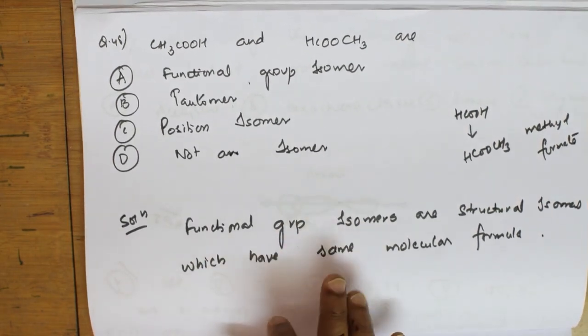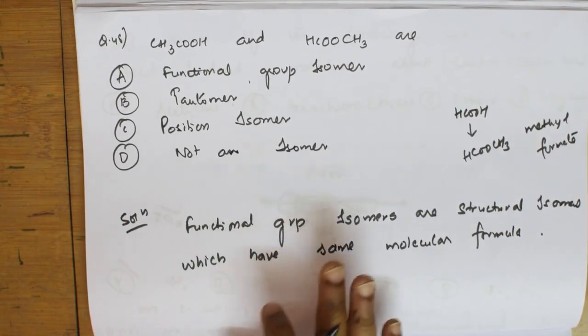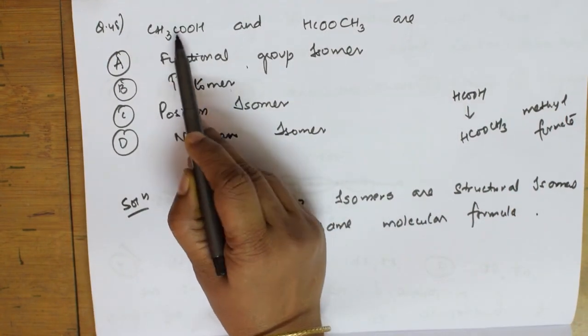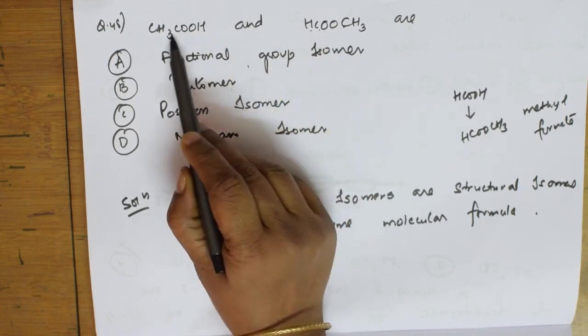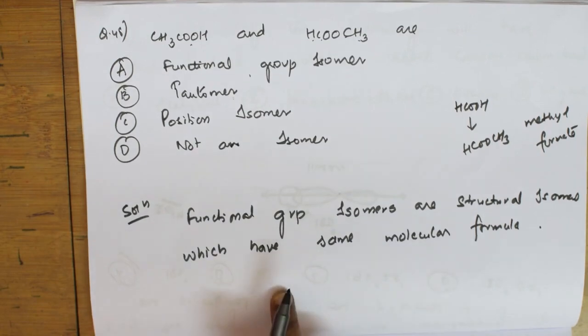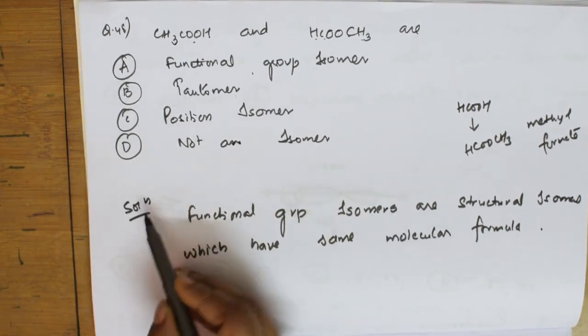But an important thing is, along with this, the functional isomers should have the same number of atoms of the same elements. See here, 2 carbons, here also 2 carbons, hydrogen 1, hydrogen 1, here hydrogen 3, hydrogen 3, 2 oxygens, 2 oxygens. So for functional group isomers, remember they should have the same number of atoms of the same elements.